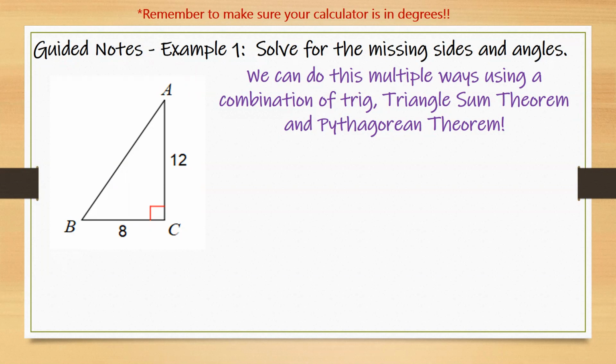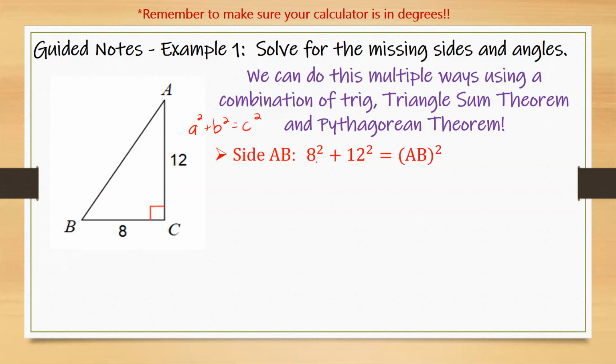For this one, I'm going to solve for AB first. I have one missing side. When I look at this, the easiest way to figure out that missing side is to use the Pythagorean theorem. Remember that A squared plus B squared equals C squared. We don't have the hypotenuse, but I technically have my lowercase a and b.